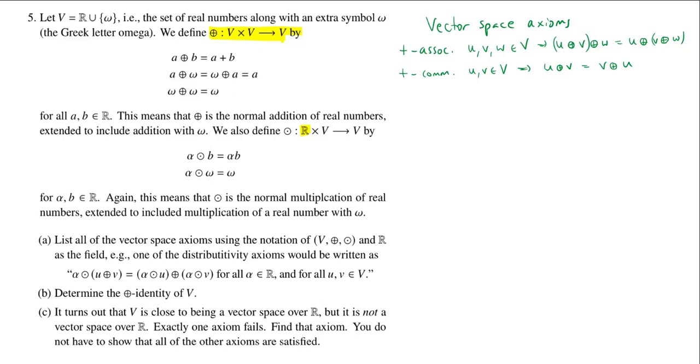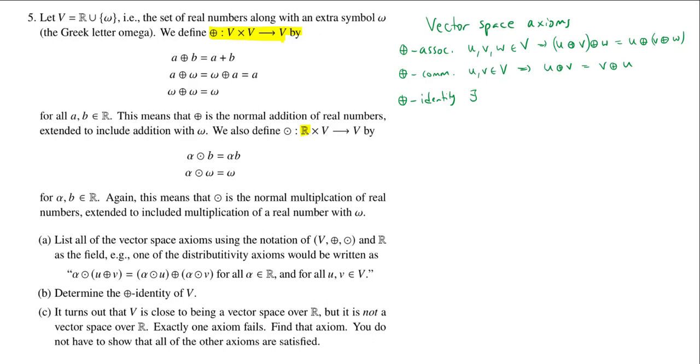Next we need an additive identity. Of course, I've been writing plus here, I should be writing the ⊕. So the additive identity would say there exists some element, and we usually call it 0, but I don't want to call it 0 right now because we have a 0 in the real numbers, and we haven't established that that's actually going to be the 0 here.